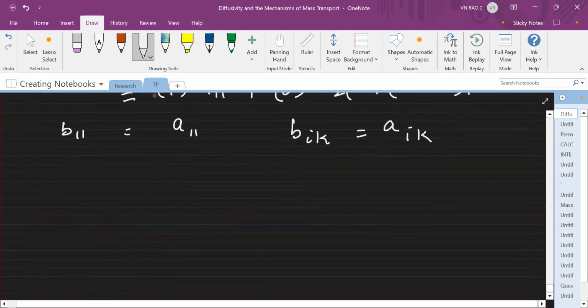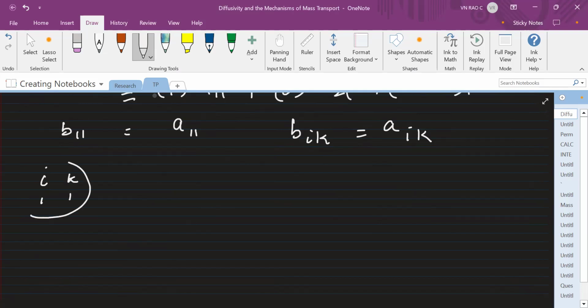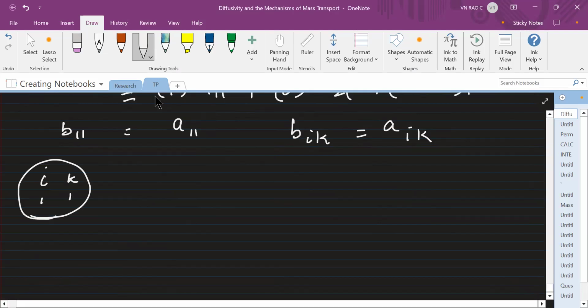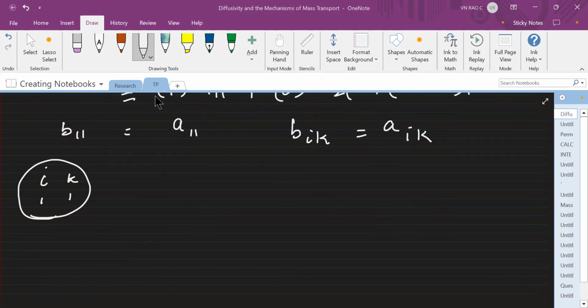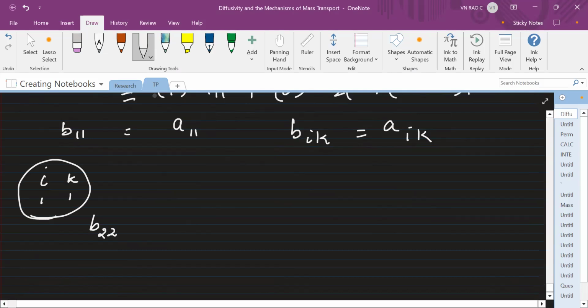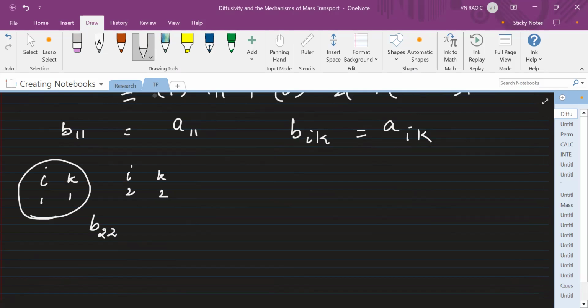So that is what we are trying to do. Now we have taken i as 1, k as 1 in the previous one. Similarly, we can take b22 now. That means now i will take 2, k will take 2. Again, what is bik? Bik is nothing but delta ij ajk. See, inside the index j is repeating. You should understand it in that way. So b22 now, that means i is 2, k is 2.